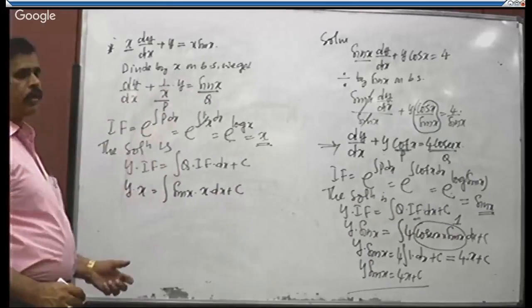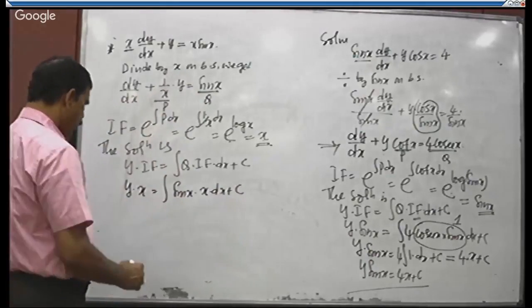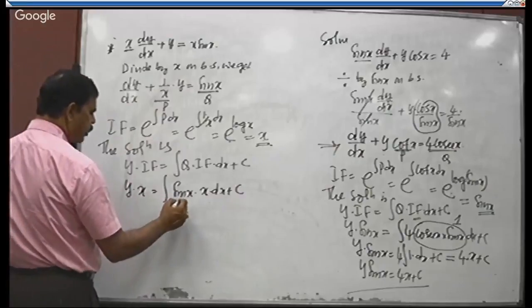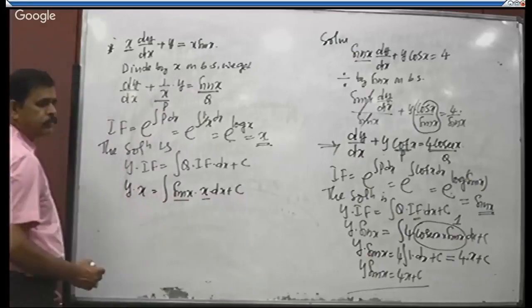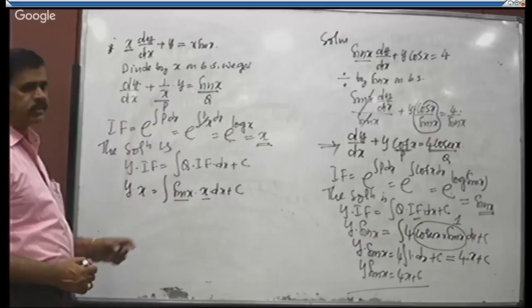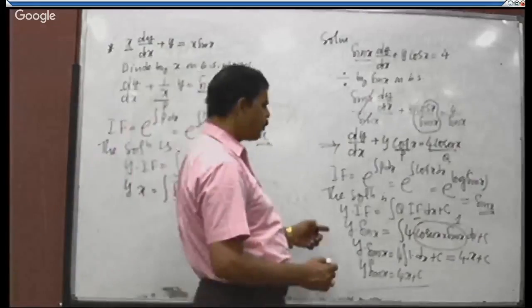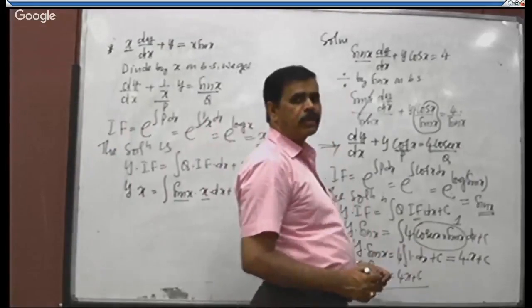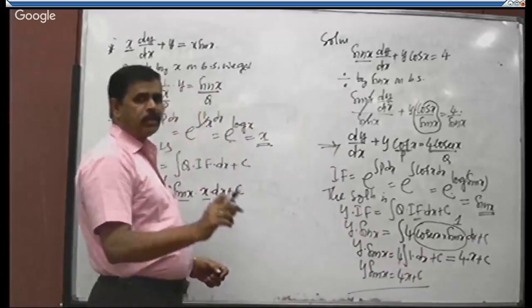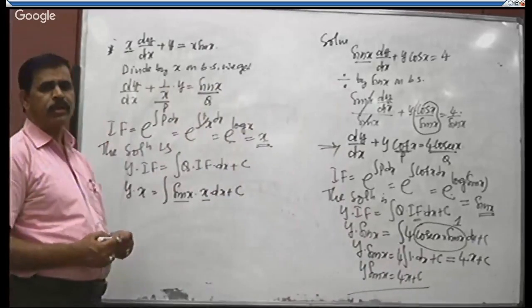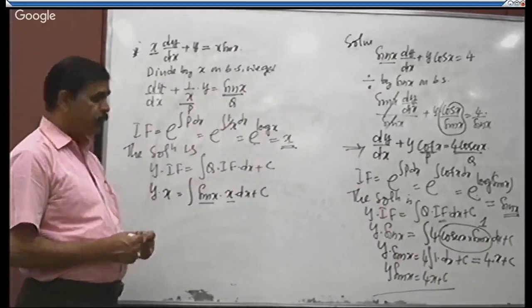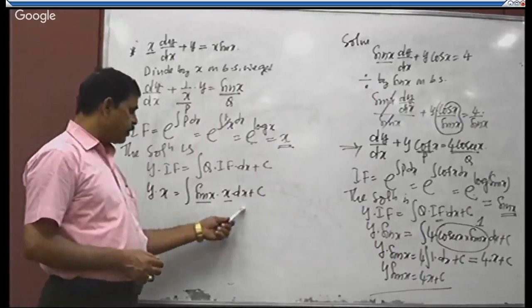How to integrate the right hand side? So the right hand side is of what? Product of two terms. Correct? In all the previous examples, there was only one term along with the constant. Keeping the constant as it is, the single term's integral is written directly. But here, the integral has what?